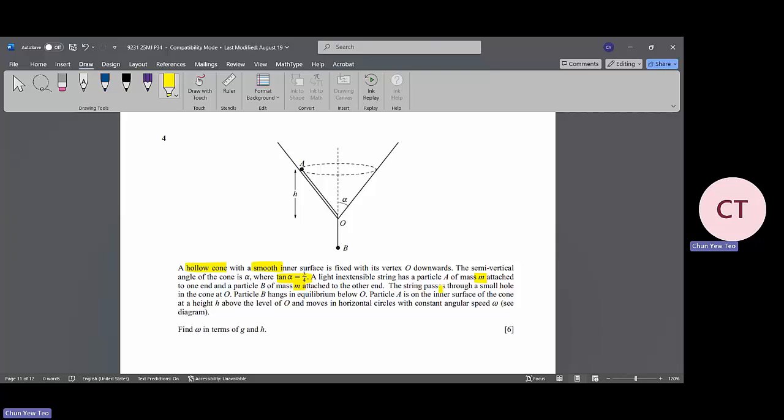The string passes through a small hole in the cone at O. Particle B hangs in equilibrium below O. Particle A is on the inner surface of the cone at height h above the level of O, and moves in horizontal circles with a constant angular speed omega. Then find omega in terms of g and h.